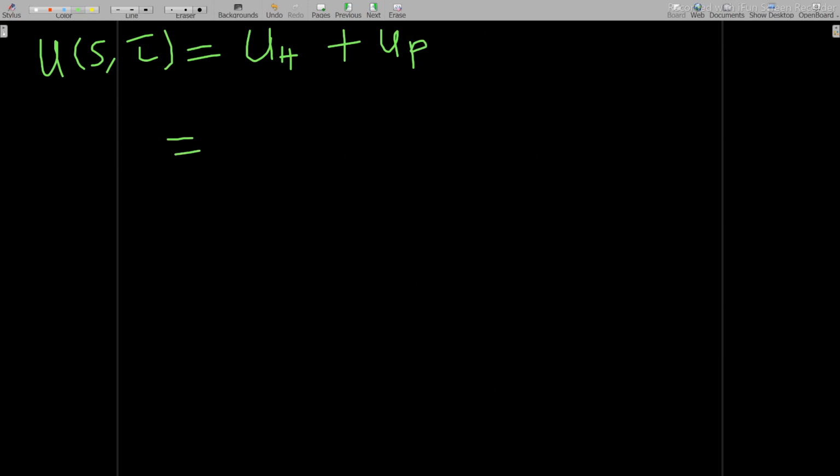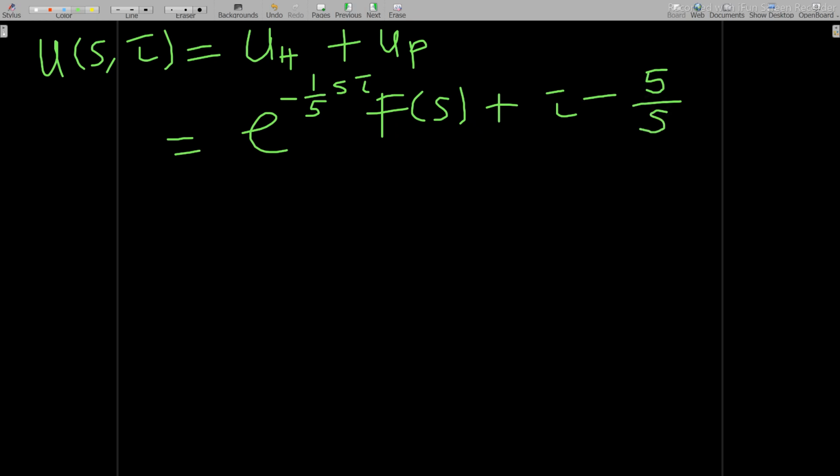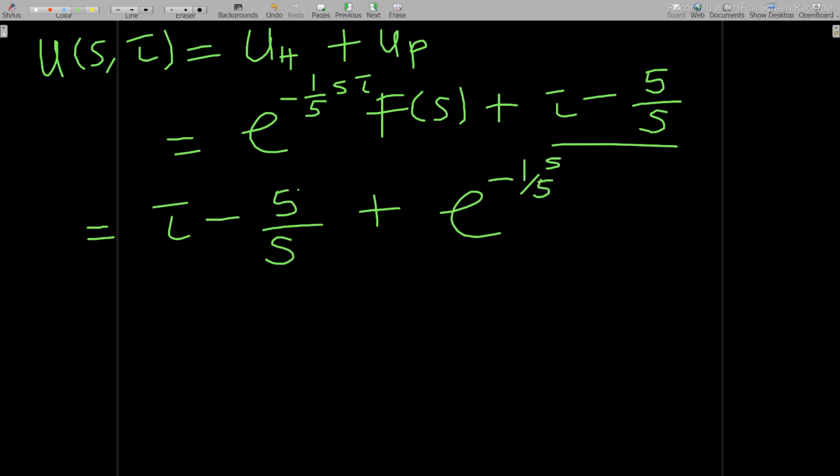The U homogeneous is e to the negative 1 over 5 S tau times F of S, plus my U particular, which gave me tau minus 5 over S. So I can quickly do some adjustments here and say that this U of S tau is equal to tau minus 5 over S, then plus e to the negative 1 over 5 S tau capital F of S. But note that your tau was given.